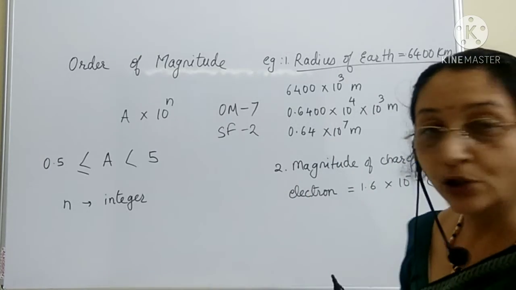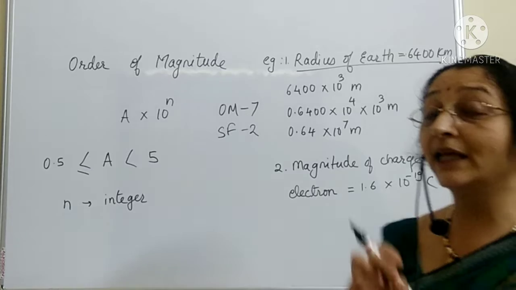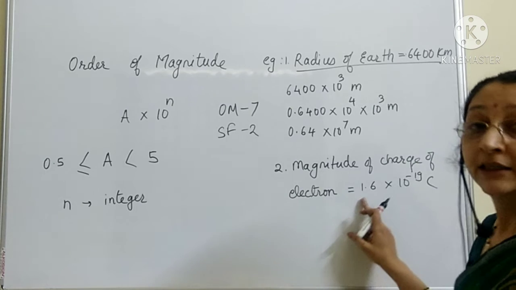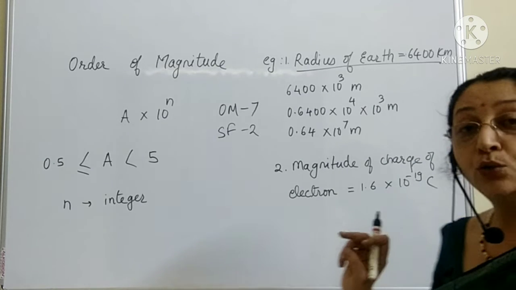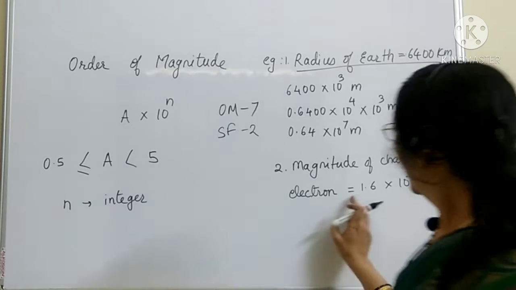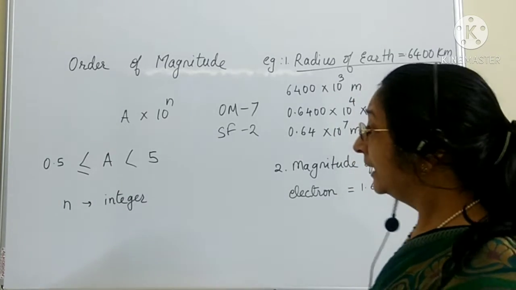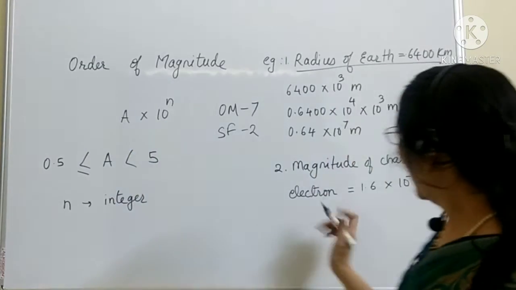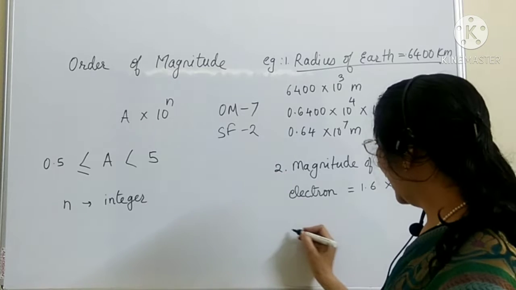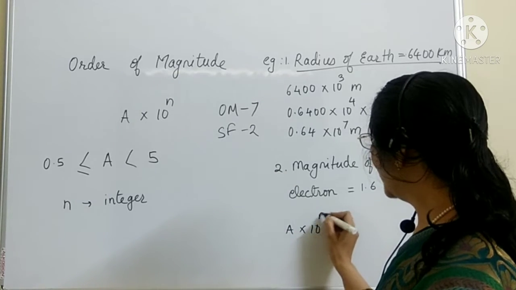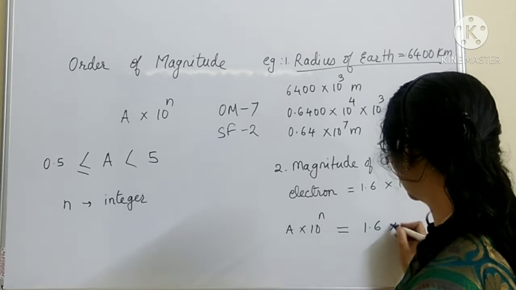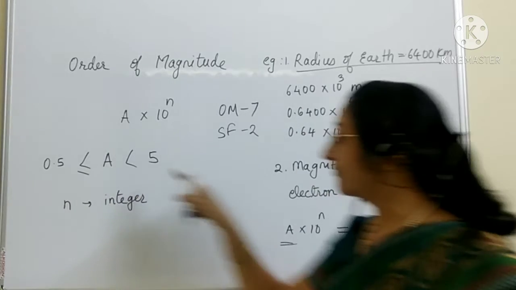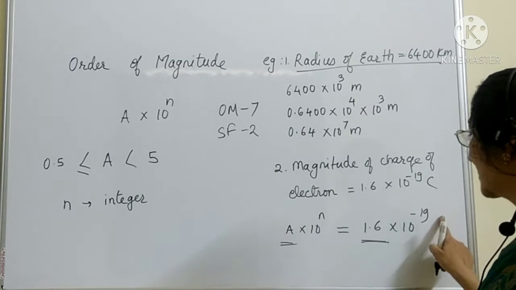The next example आपण घेऊ, magnitude of charge of electron. आपल्याला माहिती आहे की इलेक्ट्रॉन असतो त्याला चार्ज असतो, निगेटिव्ह चार्ज. मग आता हा निगेटिव्ह चार्ज किती आहे, तर 1.6 into 10 to the power minus 19 coulomb हा निगेटिव्ह चार्ज आहे. नाउ मी याला परत ह्या फॉर्मॅट मध्ये लिहिणार. सो बट दिस 1.6 इज ऑलरेडी इन दिस फॉर्मॅट, म्हणजे हा प्रॉपरली A into 10 to the power n च्या फॉर्मॅट मध्ये आहे. 1.6 into 10 to the power minus 19, हा A बरोबर 0.5 आणि 5 च्या मध्ये आहे आणि n हा minus 19 आहे.